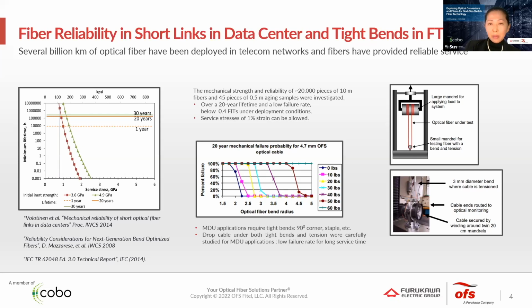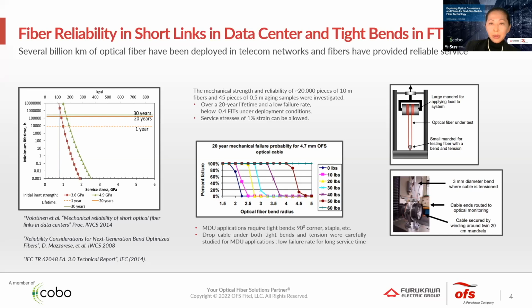The fiber was put on a small diameter mandrel, that's for bending, and tension was applied from the top. The key takeaway from that study is that the fiber drop cable, under both tight bends and tension, results in a low failure rate for long service time.